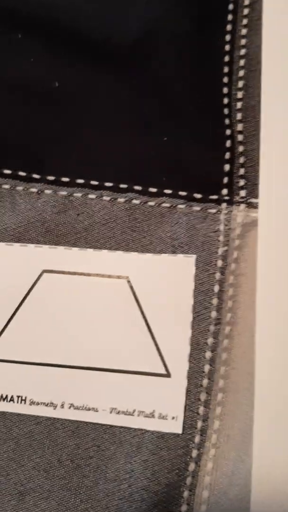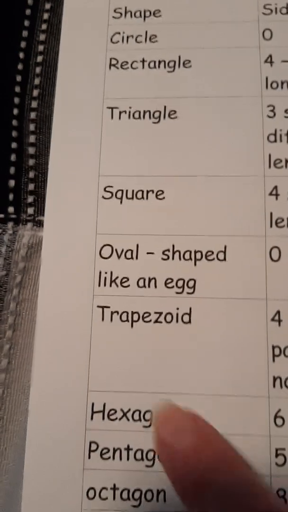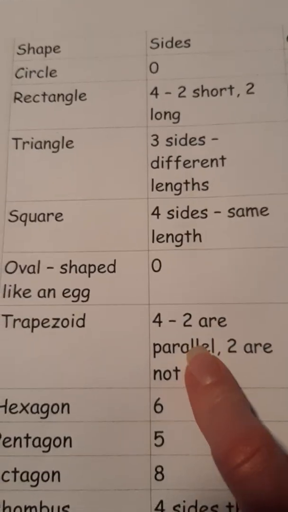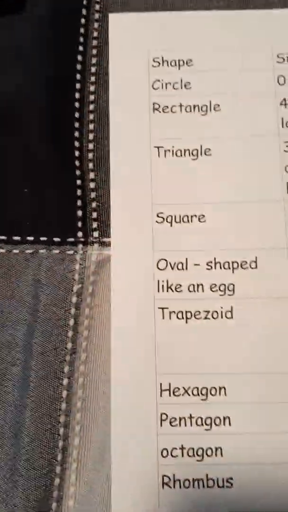If you were to keep drawing them, the lines will never meet. And 2 are not straight. They're slanted. Trapezoid. 4 sides, 4 corners. But the trick is, it has 2 straight sides and 2 slanted sides.